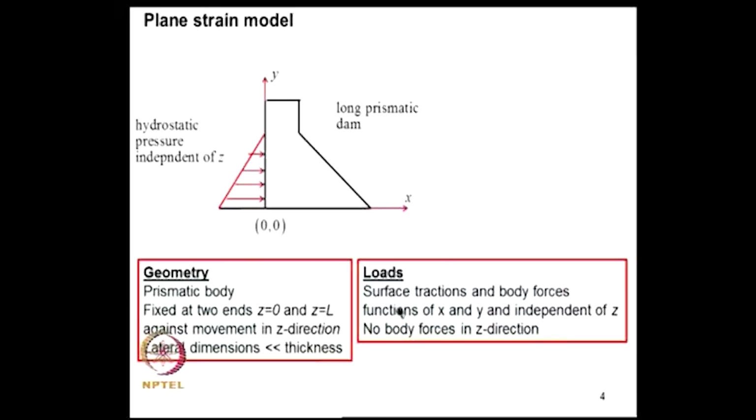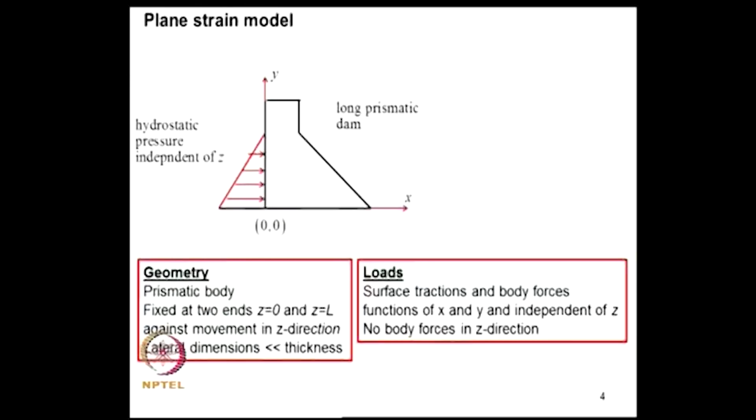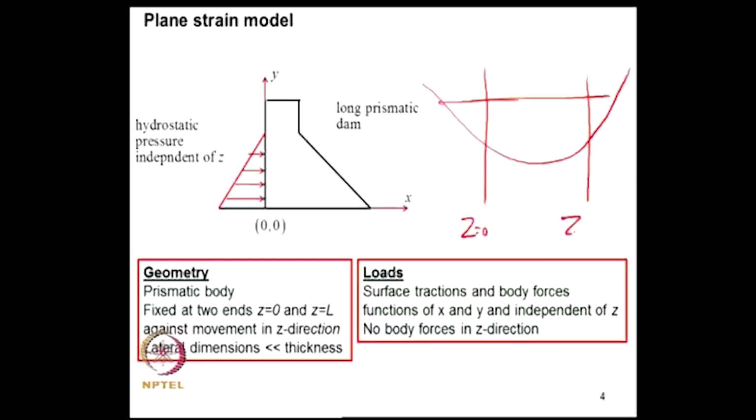Now, the loading should be such that the surface traction and body forces are functions of x and y alone, and they are independent of z, and there are no body forces in the z direction, and this is the assumption on geometry and loading. Now, at z equal to 0 and z equal to L, so we have something like this. So, this is a valley and we are assuming z equal to 0 and z equal to L, L is the thickness in this case.